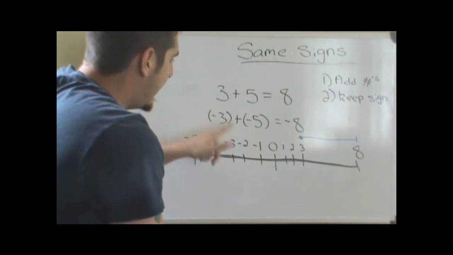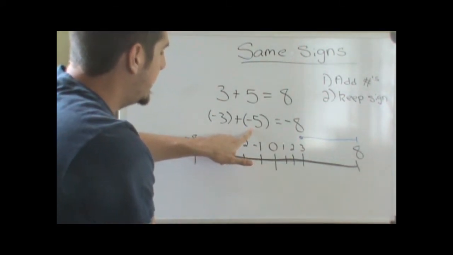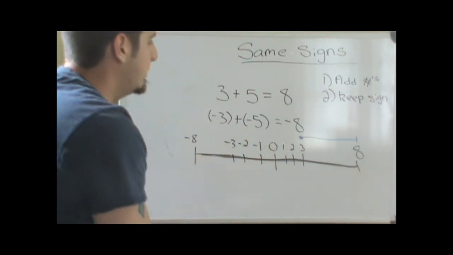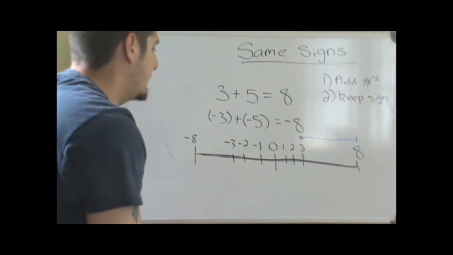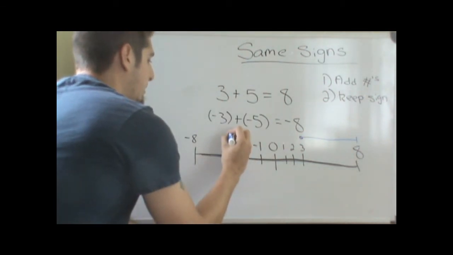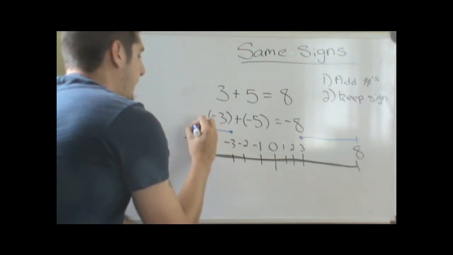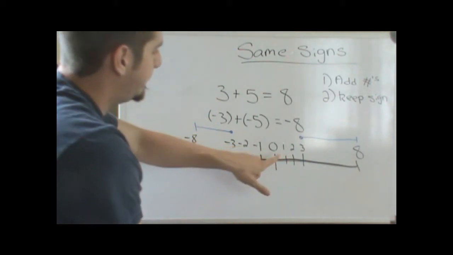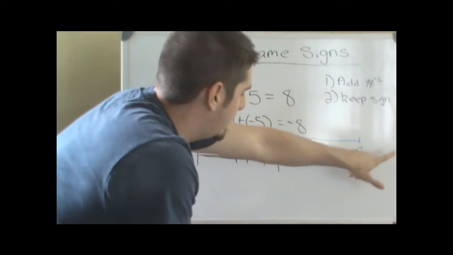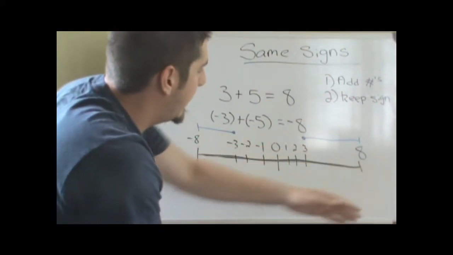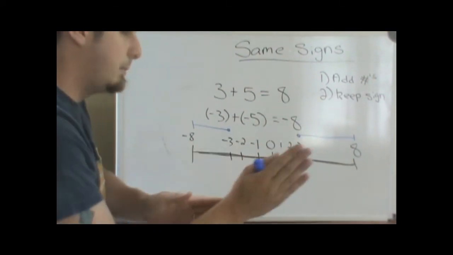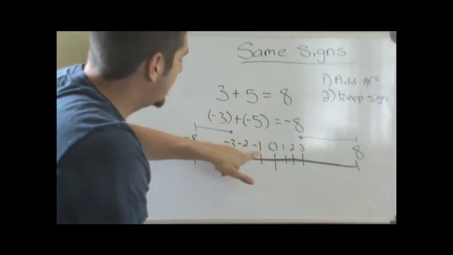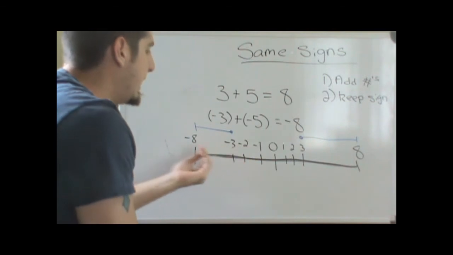Now, when you add a negative number like we need to do in the bottom problem, when we add a negative 5, instead of moving us to the right, it's going to do the opposite, and that's going to move us to the left 5 spaces. And if you take a look at the positive side of the number line, as you move further to the right, the numbers go up. If you take a look at the negative side of the number line, the same exact thing is happening.